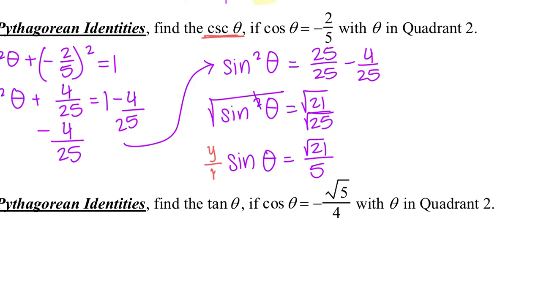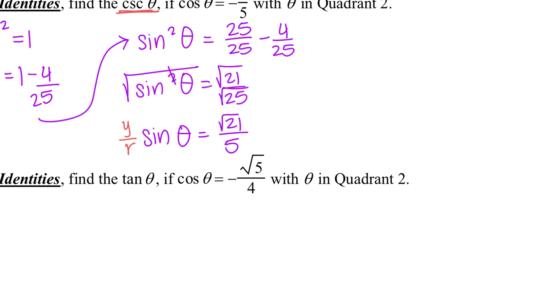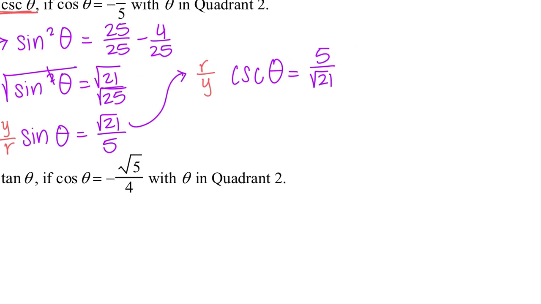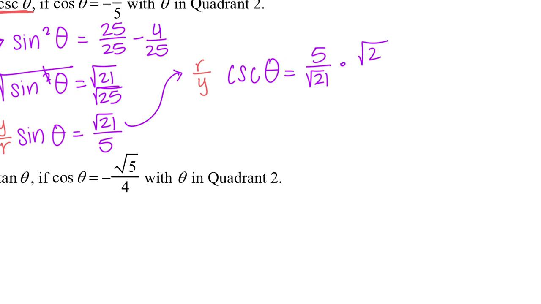Sine is y over r. Cosecant is r over y. So going ahead, cosecant theta is going to be 5 over the square root of 21, but I can't have the square root of 21 as my denominator, so I'm rationalizing it.